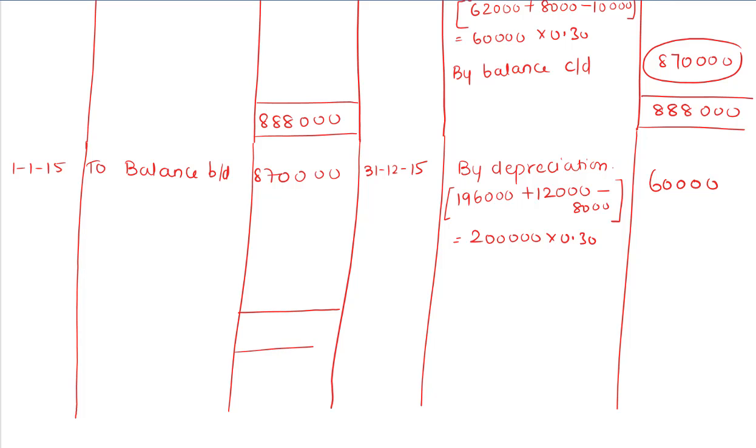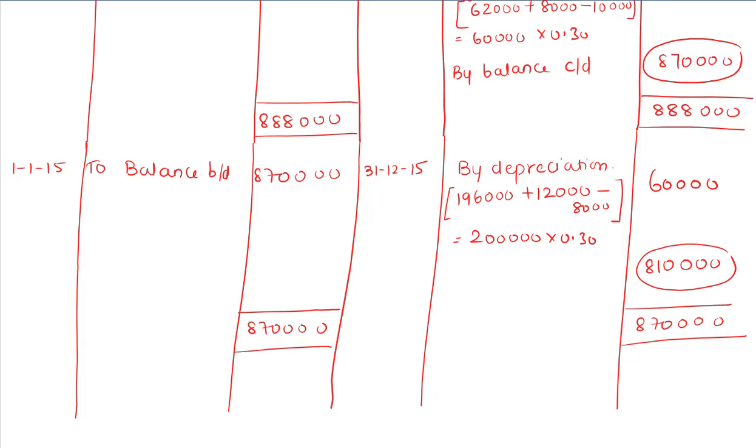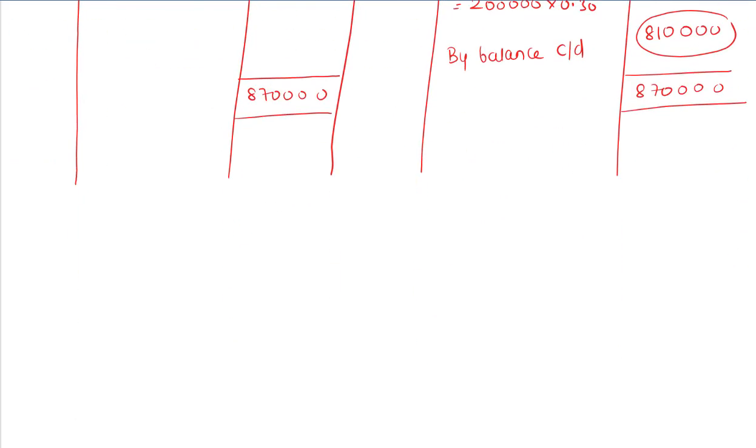It comes to 60,000. So 8 lakh 70,000 minus 60,000 is 8 lakh 10,000, by balance carried down.